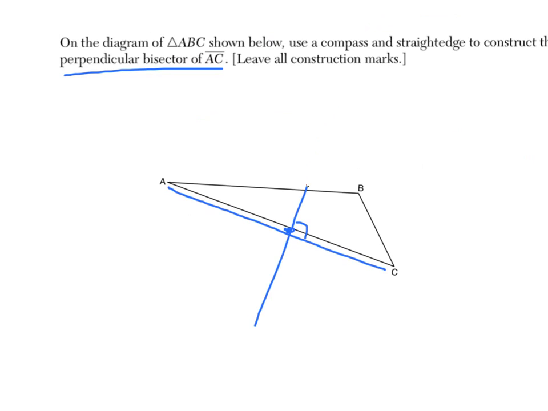Now I have to actually do it with the compass and a straight edge. So what would I do? I would open up my compass and put the pointy end of the compass here. And I would open up my compass so that I make an arc that's more than halfway from A to C. So that's where I put the lead of my pencil, right there.